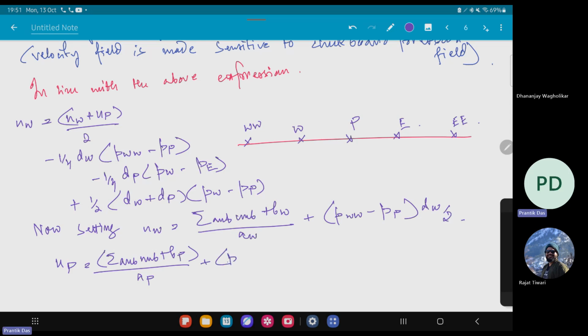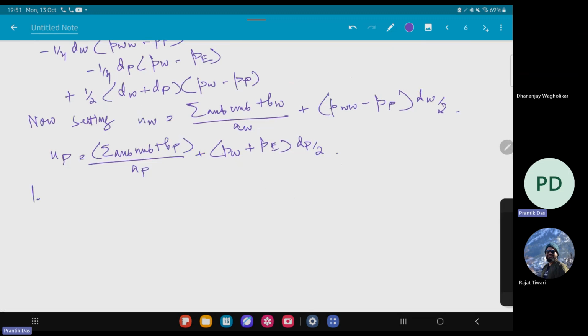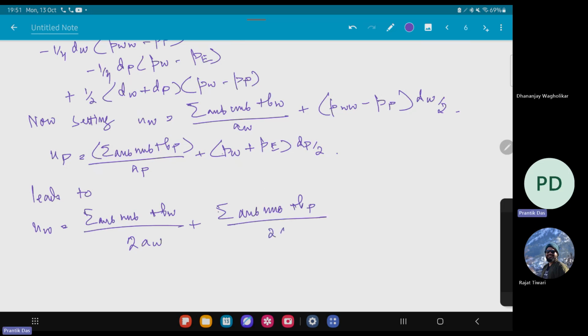These coefficients actually depend upon the discretization scheme I am using, so I'm writing them in a general format. So this actually leads to UW equals to A and B UNB plus BW by 2AW plus A and B UNB plus BP by 2AP plus of half of DW plus DP BW minus BP.